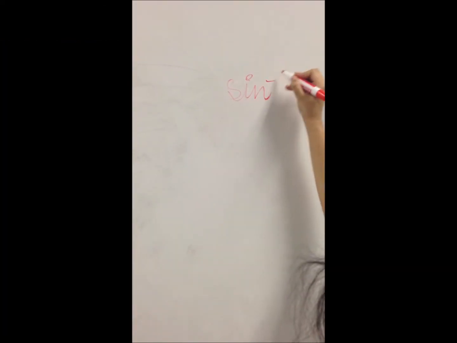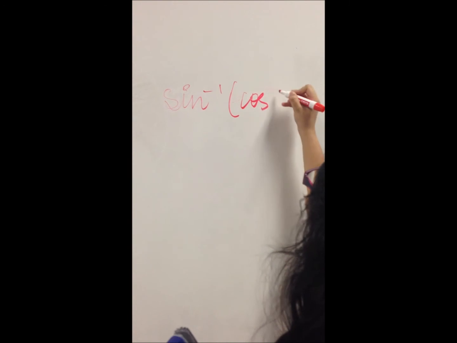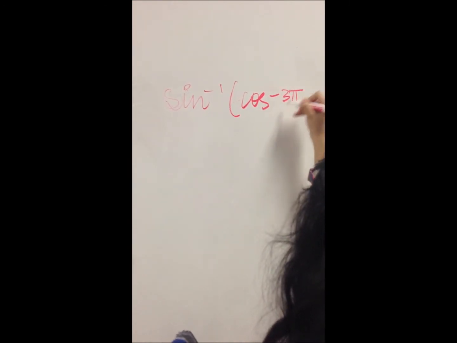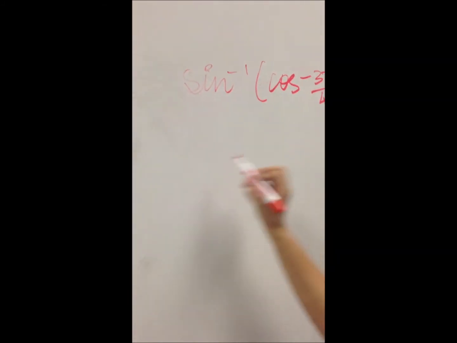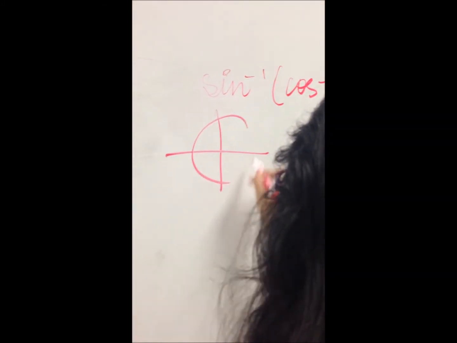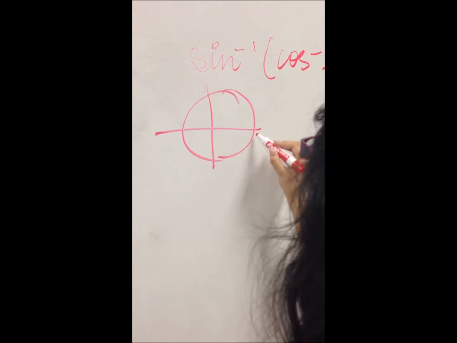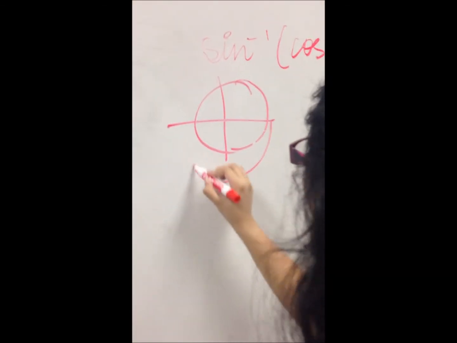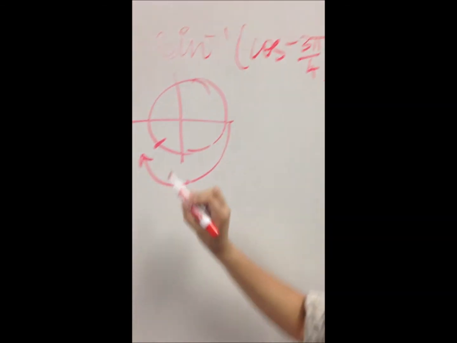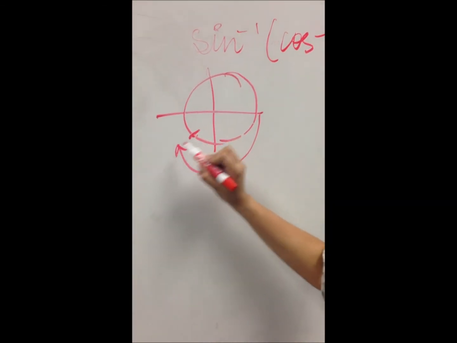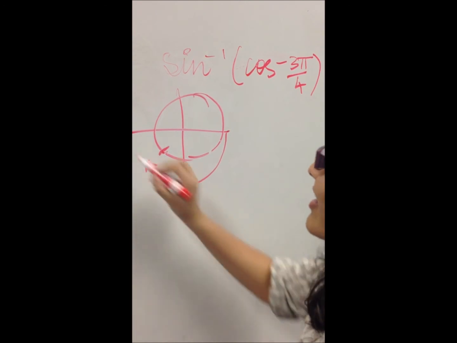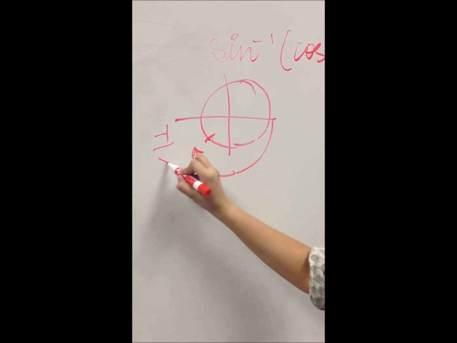Sine of cosine of -3 pi over 4. First we solve this part, so that would be -3 pi over 4. When you go backwards and this way, this is where -3 pi over 4 would be. And so the value of this angle is -1 over root 2.